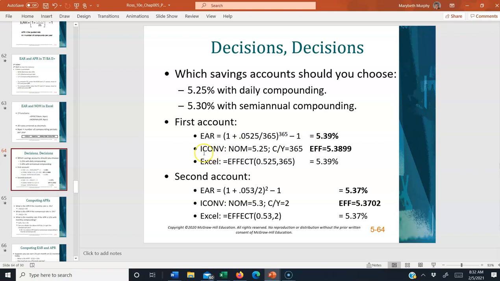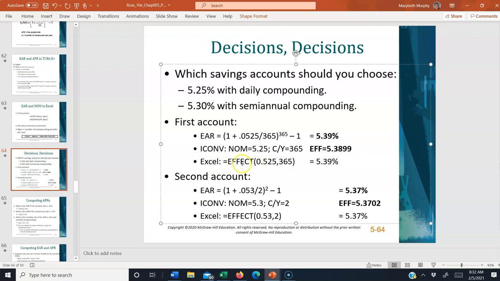With your calculator, you can take ICONV, the nominal rate, which is 5.25, the C/Y is 365, and then you're going to go to EFF and hit Compute, and it gives you 5.3899.